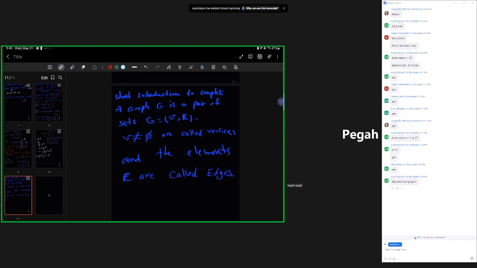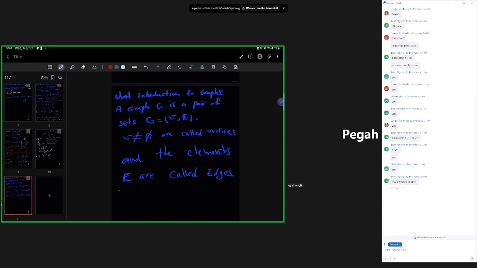So this is the definition. We consider that the vertex set is not empty, and the edges are the elements which are called edges. But how should we show that one?